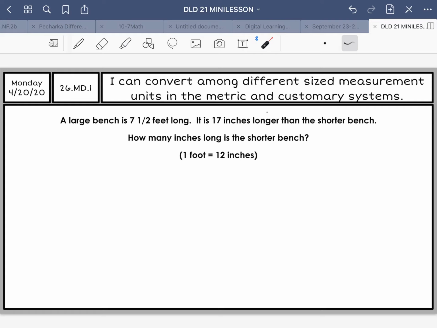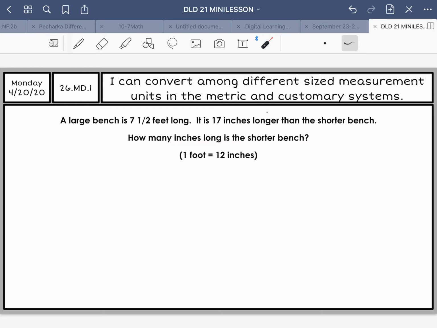All right, so it says that a large bench is 7.5 feet long. It is 17 inches longer than the shorter bench. How many inches long is the shorter bench? One of the main things I have to do as a mathematician is, number one, make sense of the problem and take a look to see if there's anything that I'm noticing.